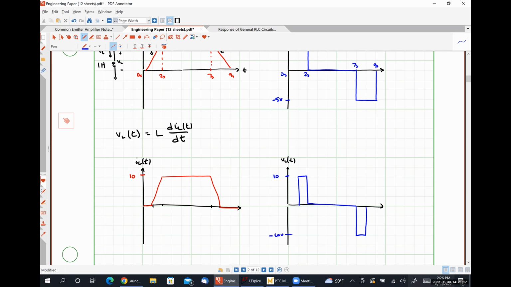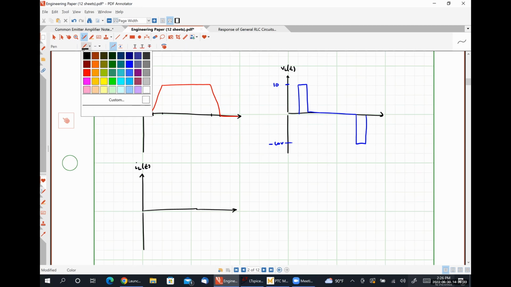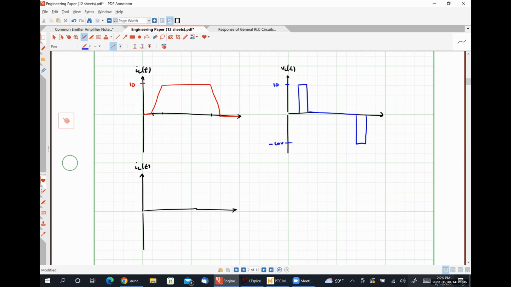And negative 10 volts. If we take this to an extreme, where, excuse me, this should be red.